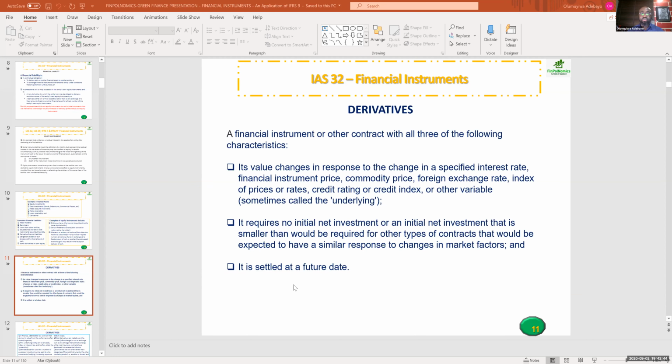You will see as we move on that it is fair from the perspective that if a party buys a right, what it simply means is that it pays a premium to get a special right, so that the right will allow it to enter into a contract, and it has an option to either exercise this right or not, depending on whether at settlement the condition present favors or not.